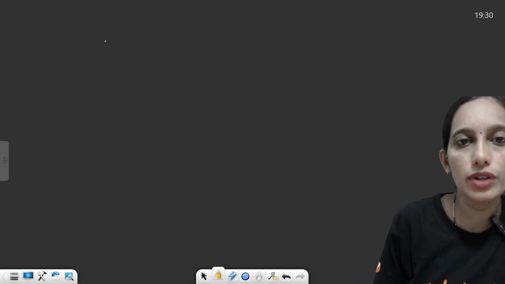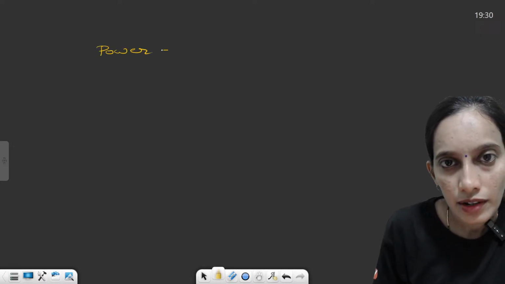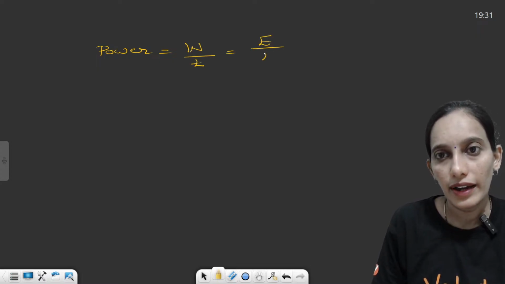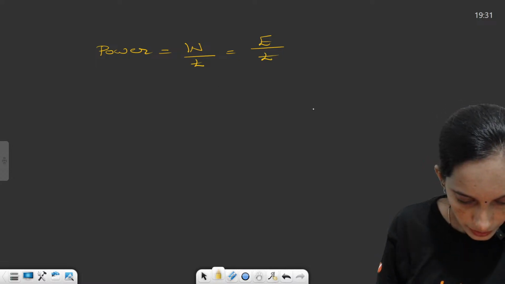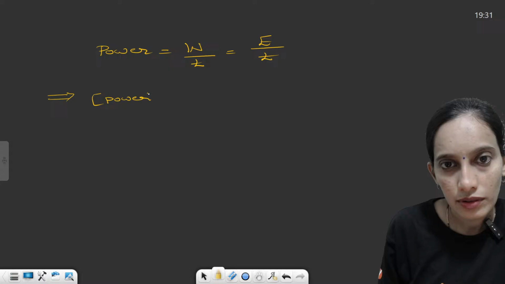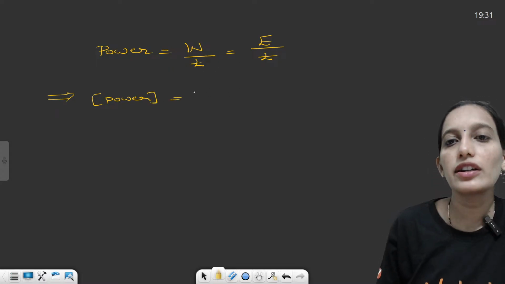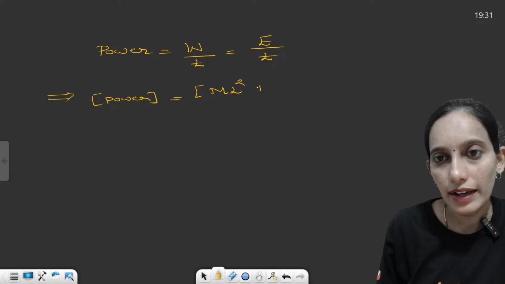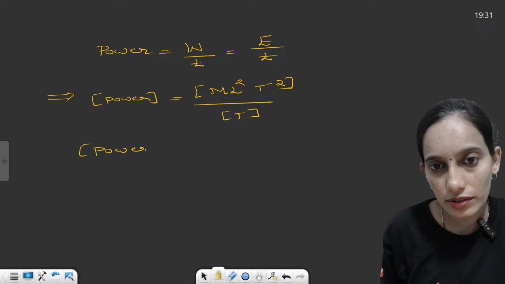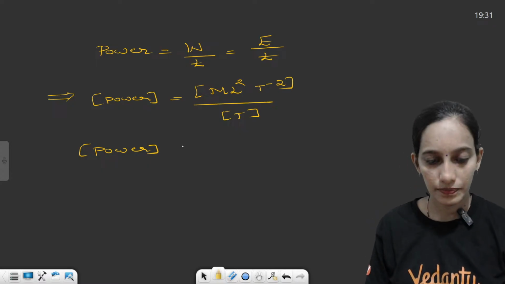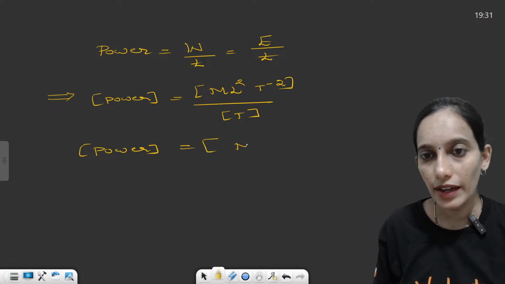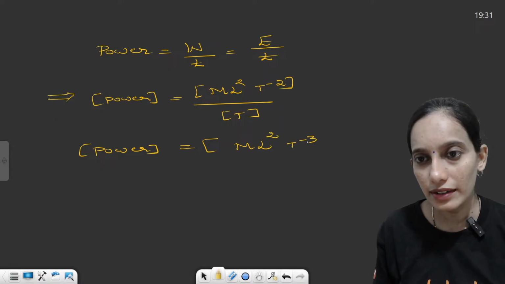And one more we are going to do is power. Power is nothing but the rate of doing work. That is, work done by time, or energy by time. So if we write its dimension, the dimension of power is equal to the dimension of work done or energy, which was M L square T minus 2, divided by T. This gives power equal to M L square T minus 3.